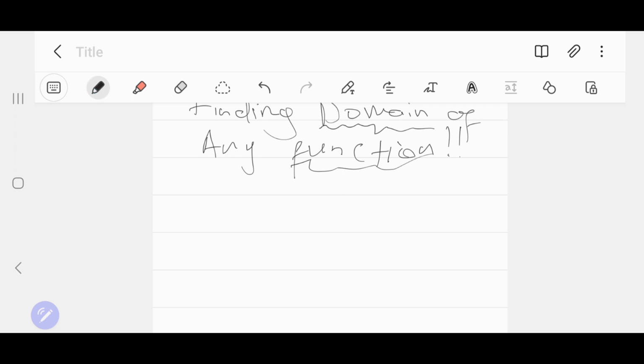So the first one, people, is what? The first function that you can be asked to find the domain of is called a polynomial.